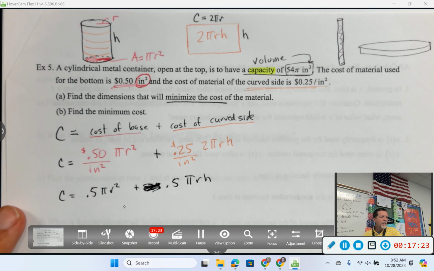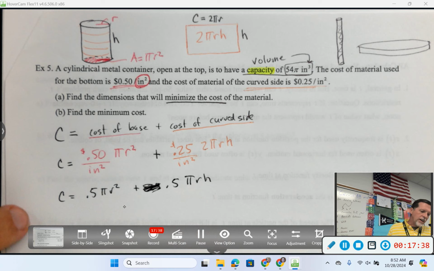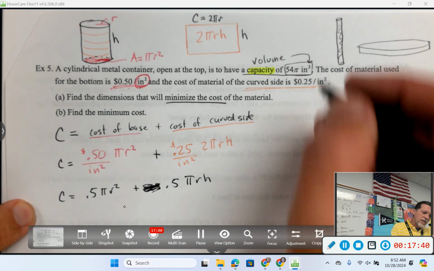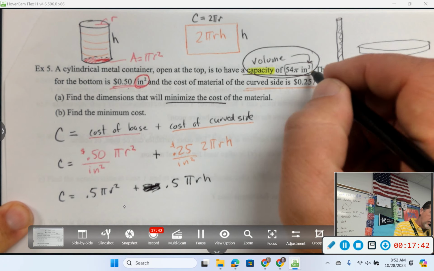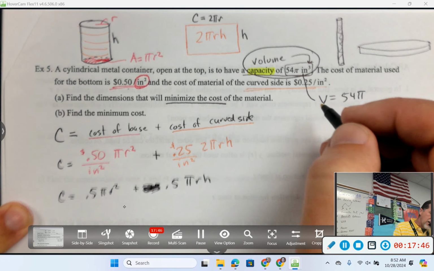Why don't I like that as an equation to minimize? Two variables, right? I'd be doing product rule over here, and I don't want to do that. So I need an equation that ties together r and h. Well, they told me that the volume was 54 pi.